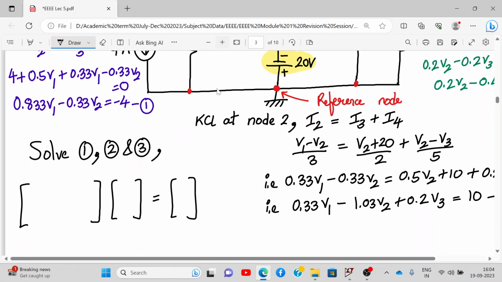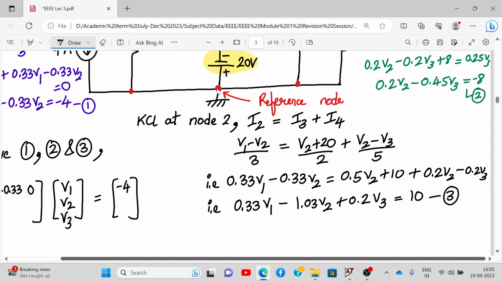For the matrix form, we write the first equation with columns V1, V2, V3. The coefficients are minus 4 first, then 0.833 as the V1 coefficient, minus 0.33, and the V3 coefficient is 0.